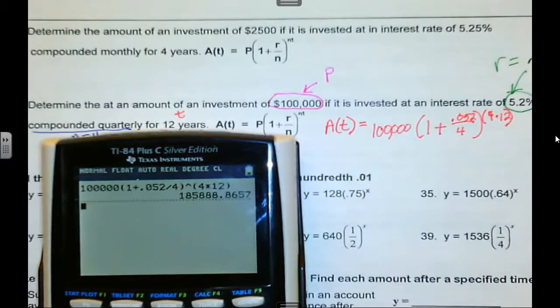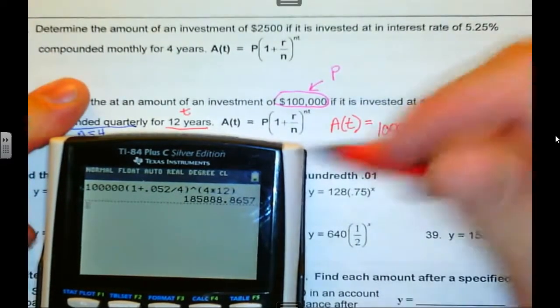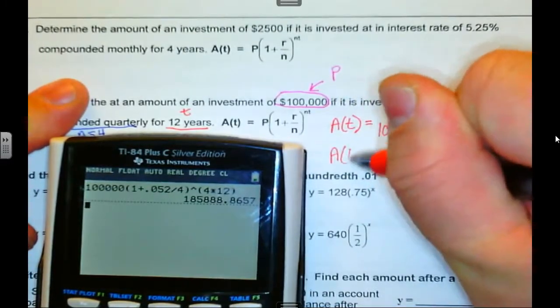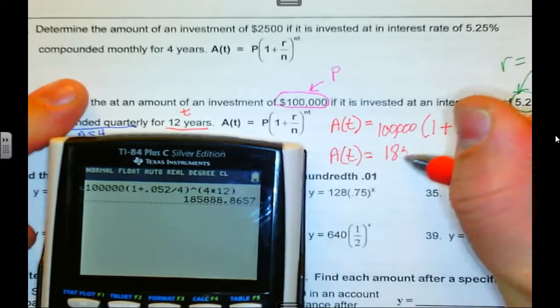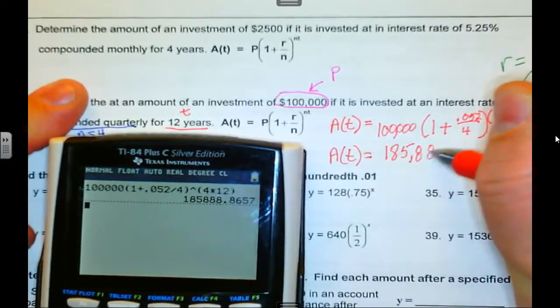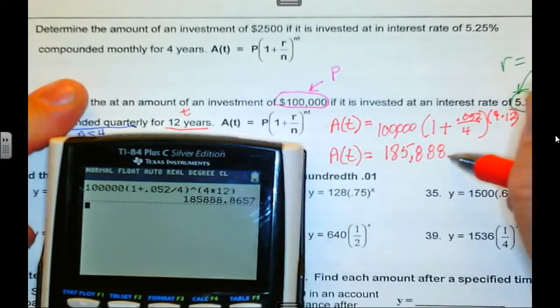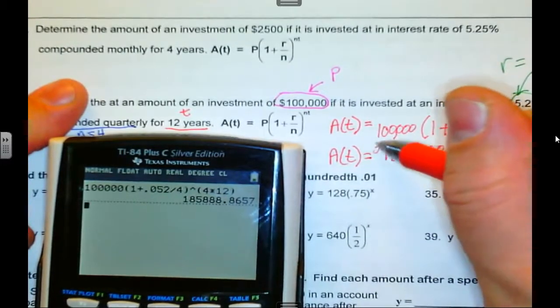Hit enter. And after 48 compounds, I should say, A of T equals $185,888.81. 6 or 7 cents.